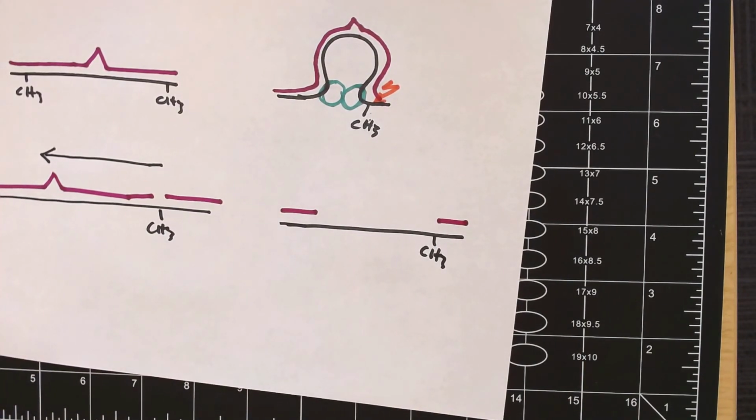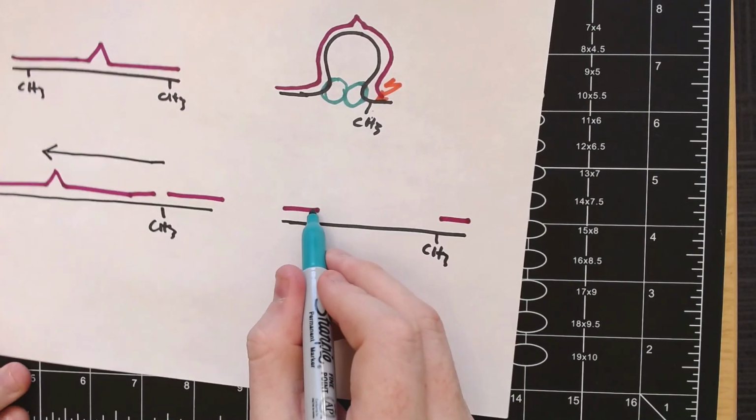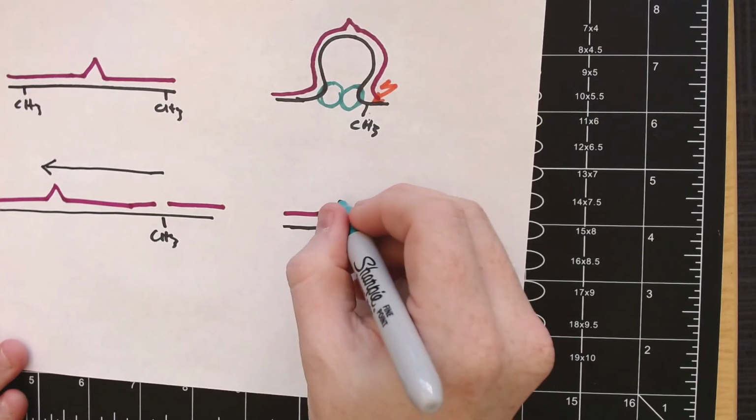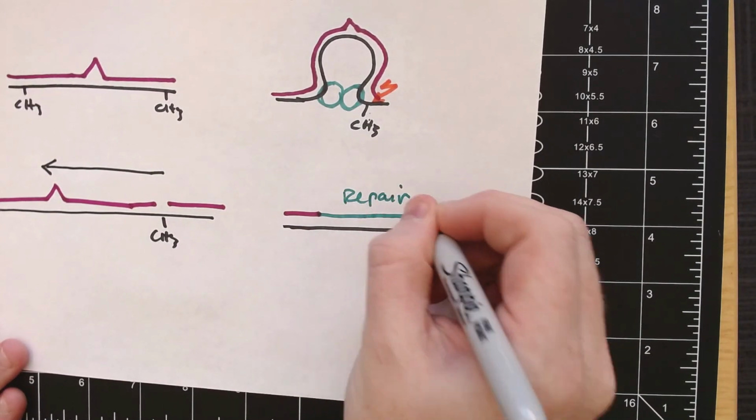And then this is the point at which the polymerase and ligase can come back in and fill this in and repair here.